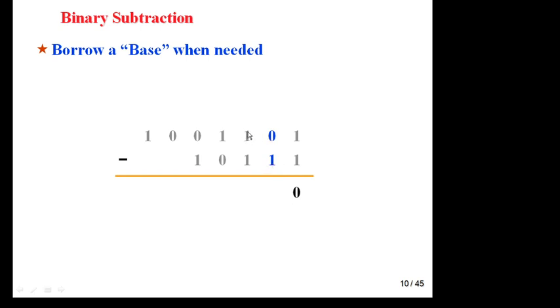Borrowing means the bit here becomes 0 and you pass 2 over. 2 minus 1 is 1. Now again 0 minus 1 is not possible, so you take one borrow from here. Similarly you can perform the rest. This is your final answer.